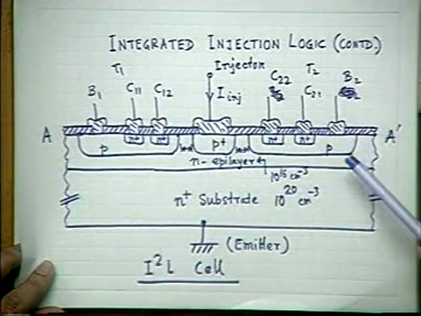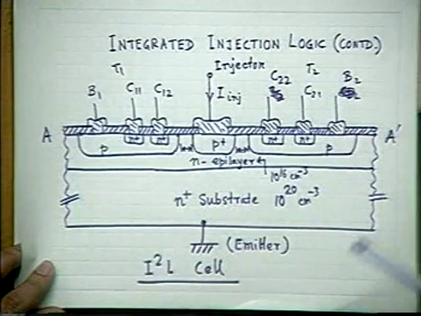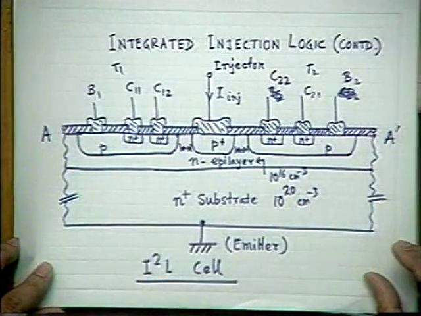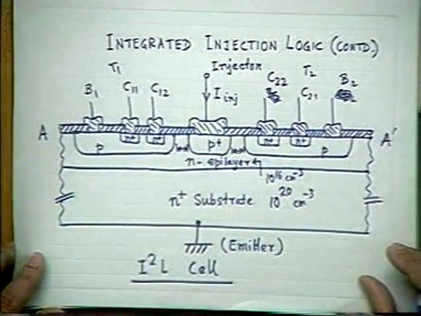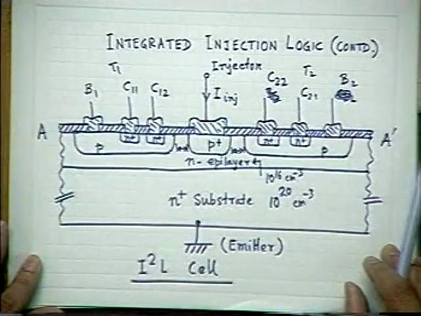These extra carriers injected in the extrinsic base take a lot of time to be lost totally, so the storage effect is much more pronounced in I2L transistors compared to conventional transistors.